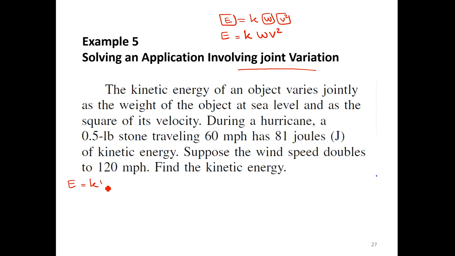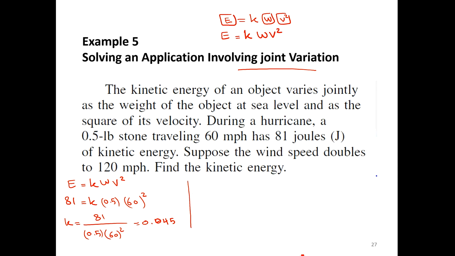For energy we have 81, weight 0.5, velocity 60 squared. So K equals 81 over 0.5 multiplied by 60 squared. So we have 0.045. This is the constant.